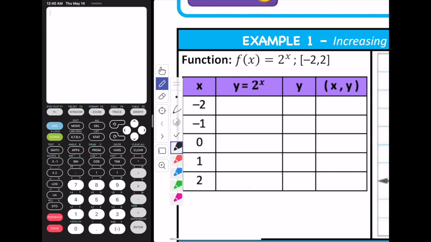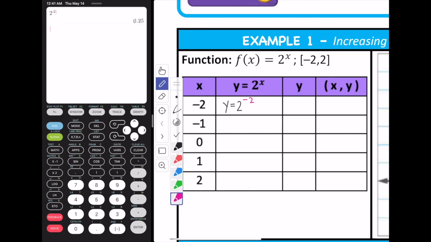So I'm going to start just by rewriting this y equals 2, and every time that I see x, I'm going to substitute that in with the specific x value. So we have y equals 2 to the -2 power. When we calculate that, I'm going to type that into the calculator, just hitting 2, then the little caret that's under clear to give us our exponent, and then typing in -2.